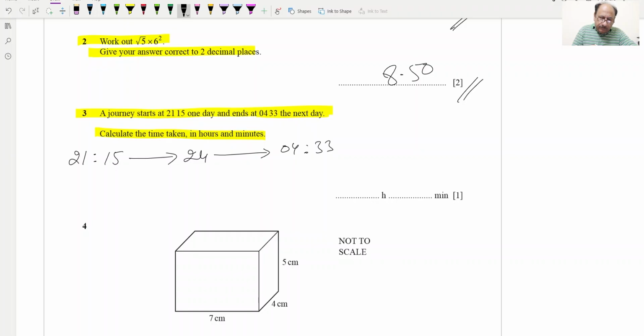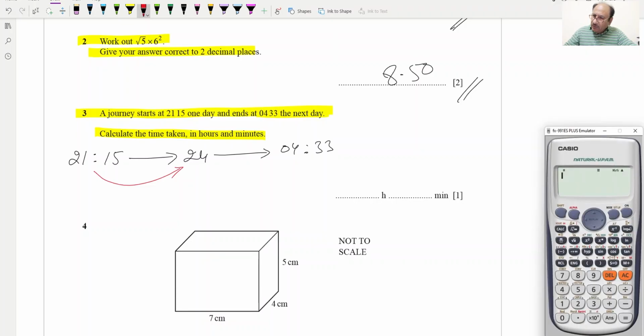We can check this duration with the help of a calculator. So 24 minus 21 hours and 15 minutes will be equal to 2 hours and 45 minutes.